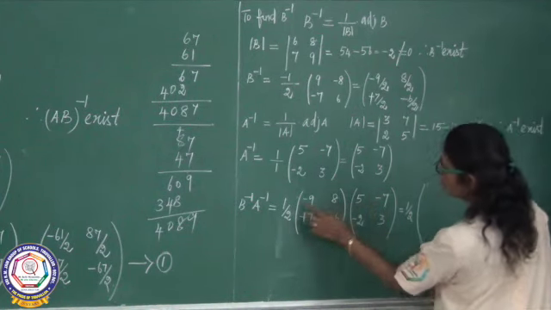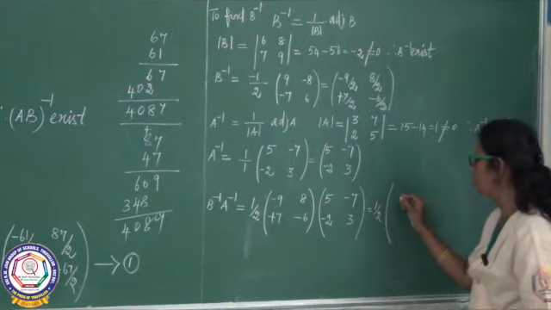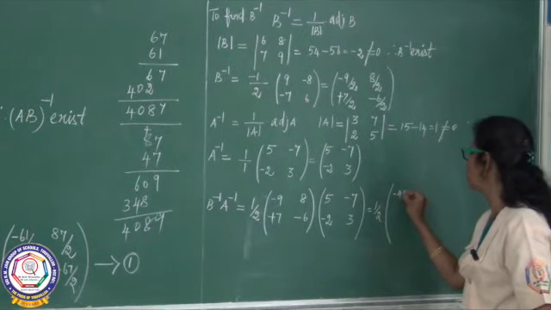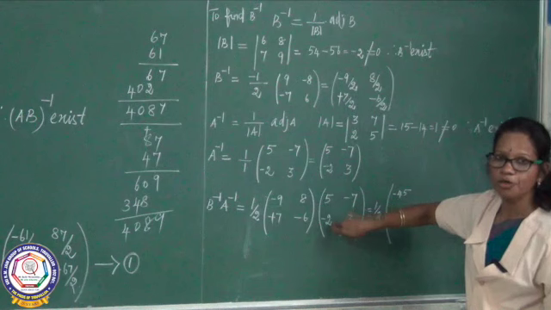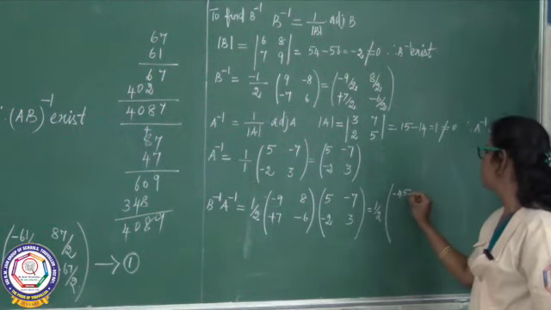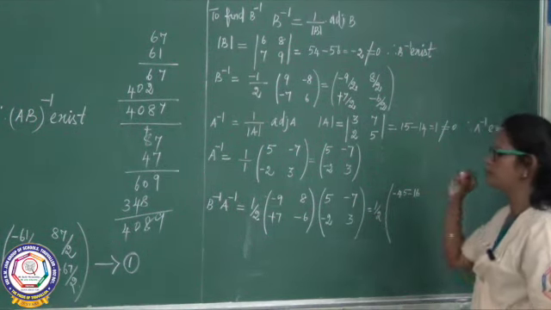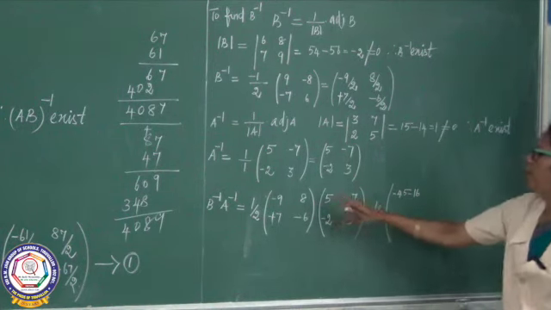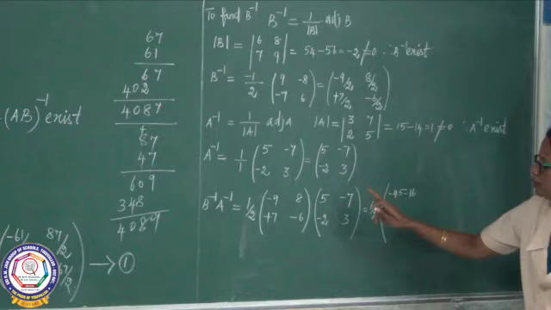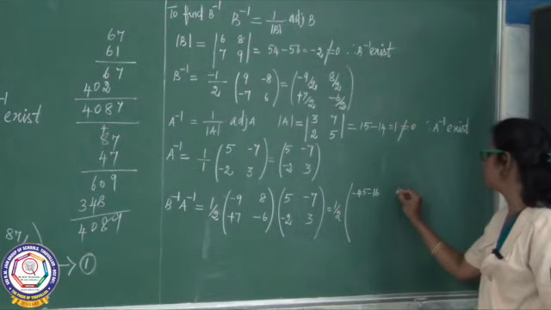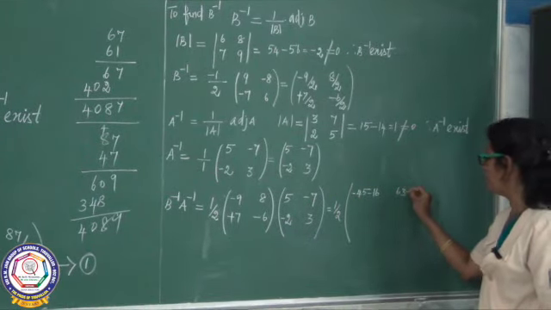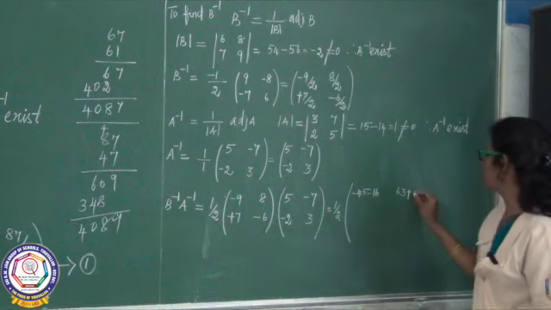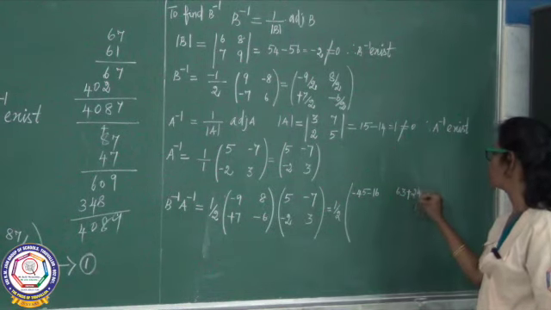First row, first column: minus 9 into 5, minus 45. 8 into minus 2, minus 16. Next, first row, second column: minus into minus plus, 9 7s are 63 plus 8 3s are 24.